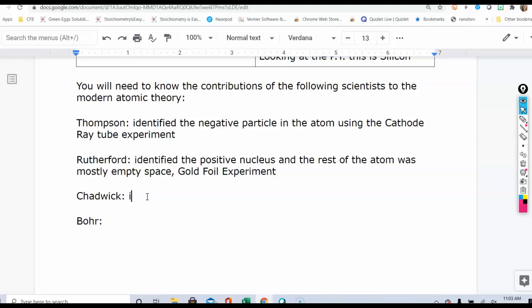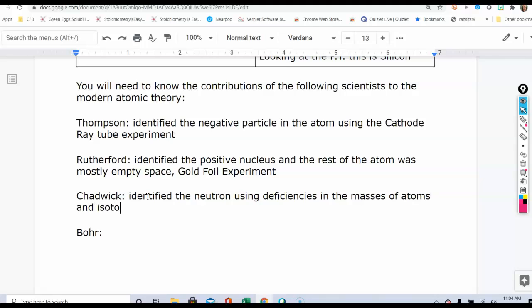Chadwick identified the neutron, basically using deficiencies, and I can't spell deficiencies, everybody, in masses of atoms and isotopes.